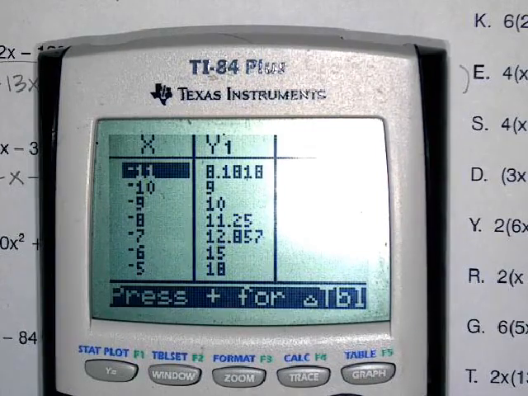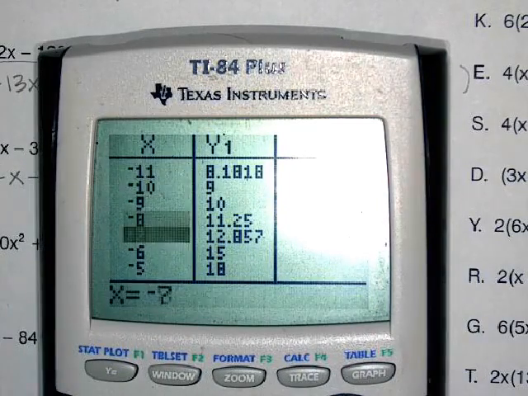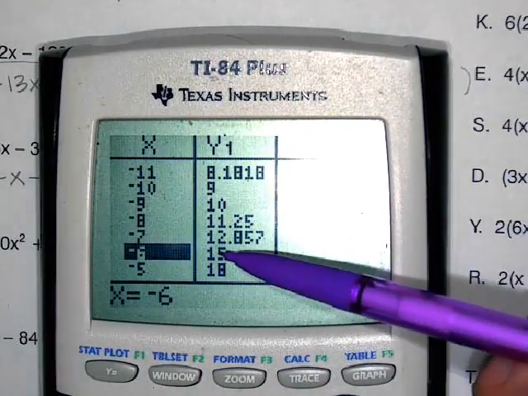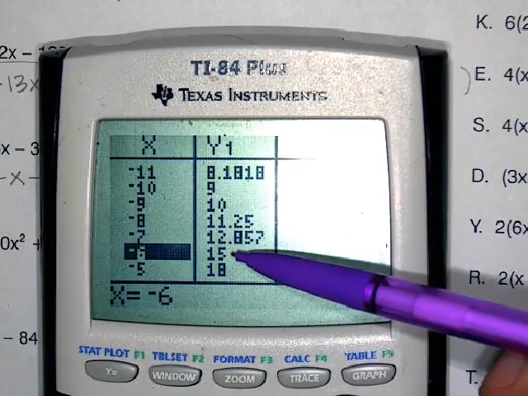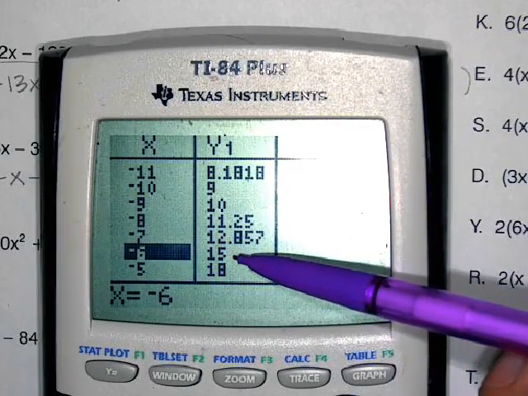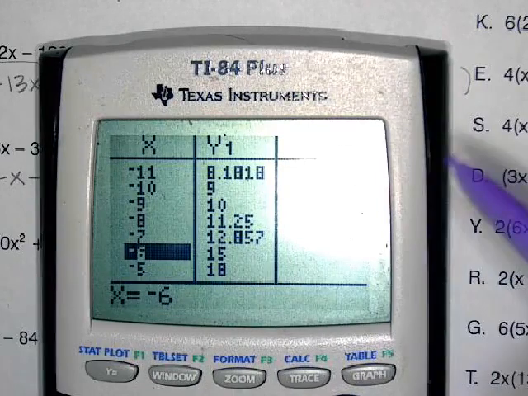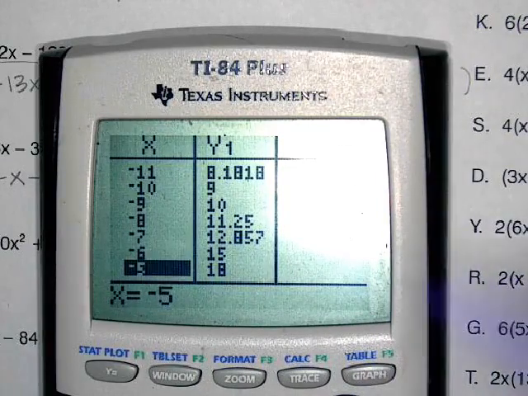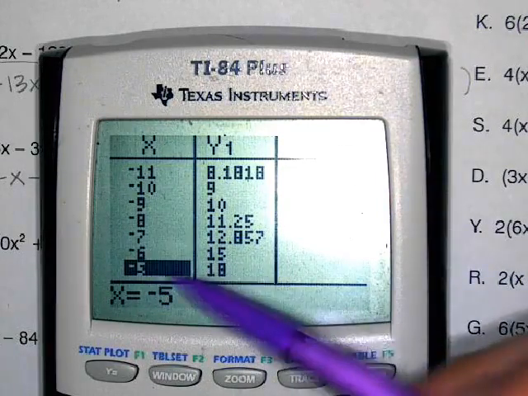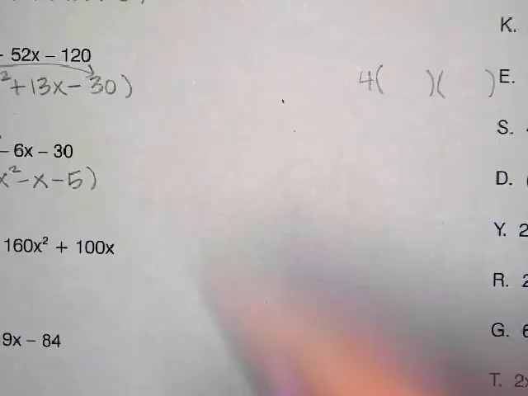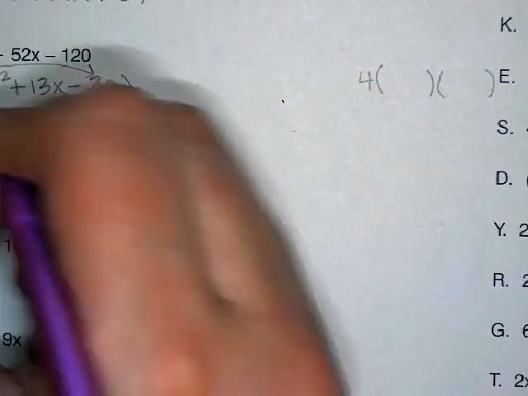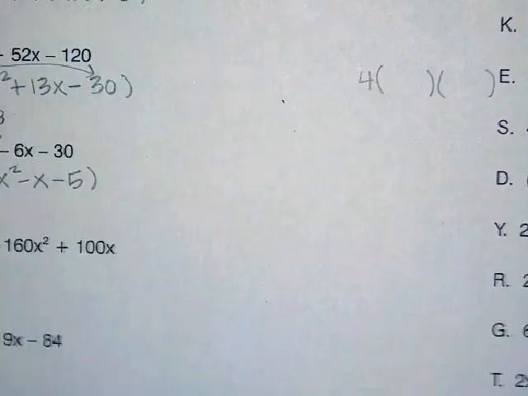Negative 6 and 15. You're close, but that would add to 9. We want to add to 13. Negative 5 and 18 would add to 13. So these multiply to negative 90 and they add to 13. So negative 5 and 18.